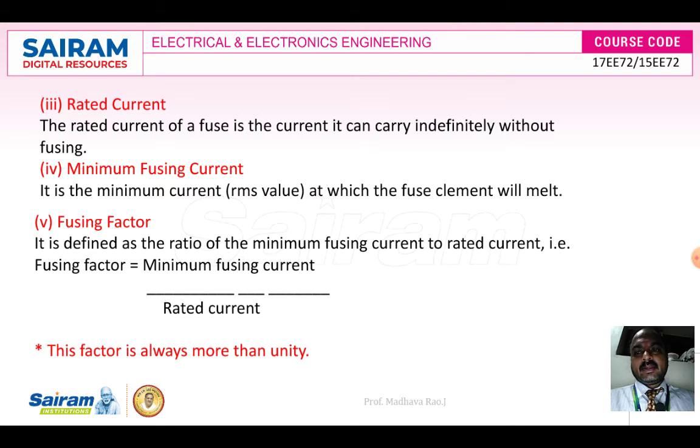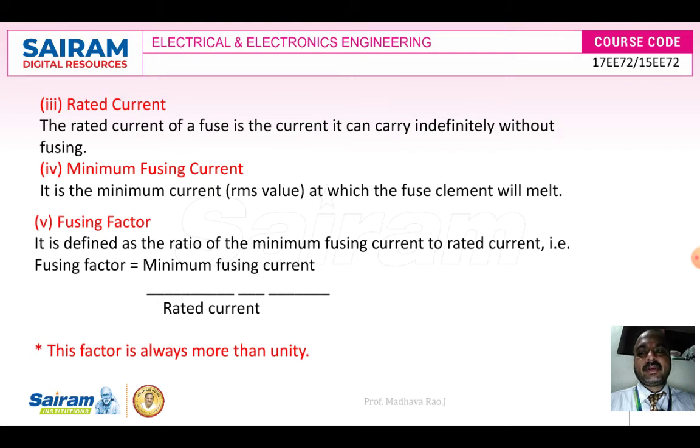So rated current. The rated current of the fuse is the current it can carry without fusing, that is, without breaking or without melting. And minimum fusing current means the current at which the fuse can break the supply.